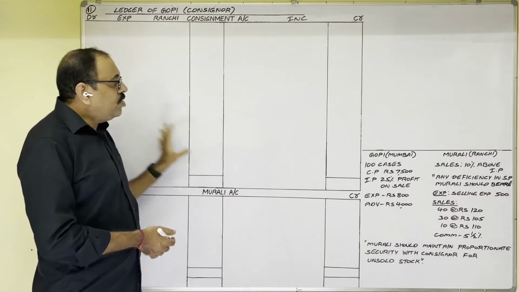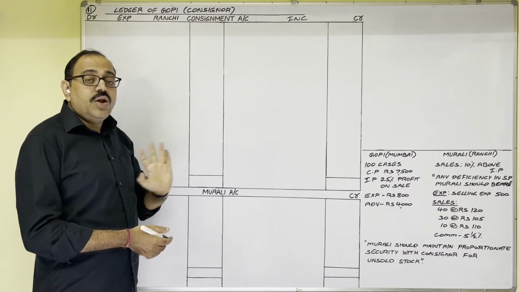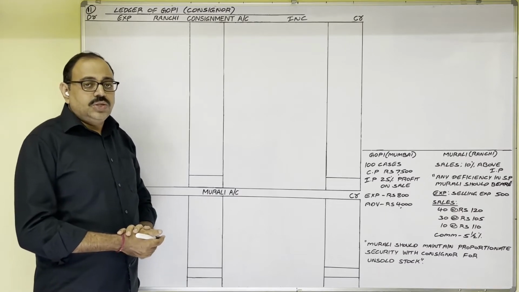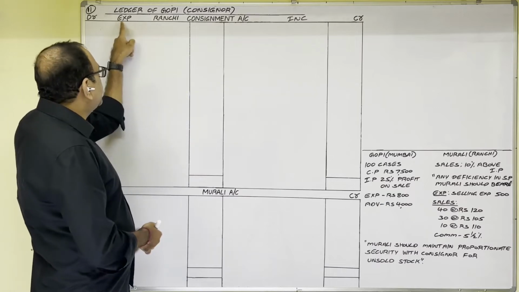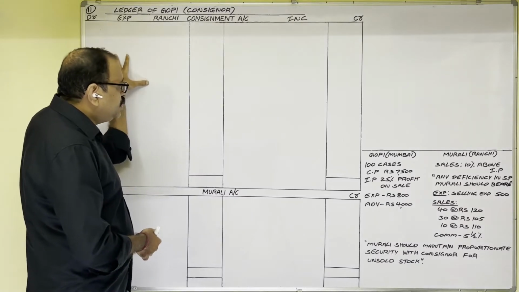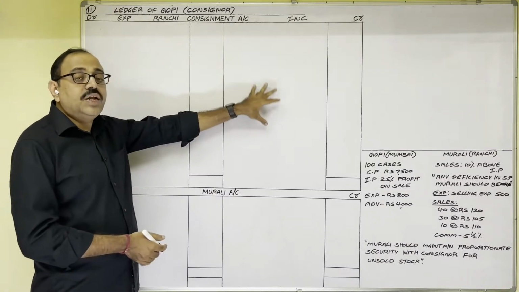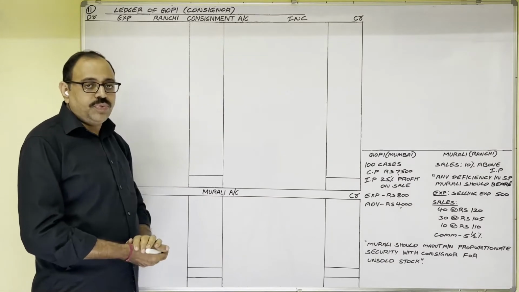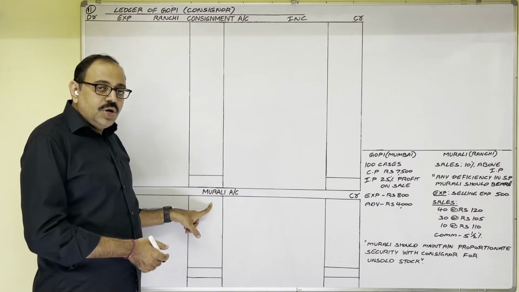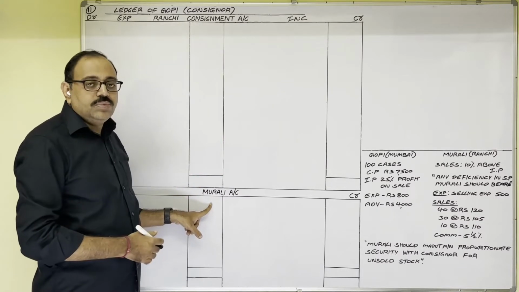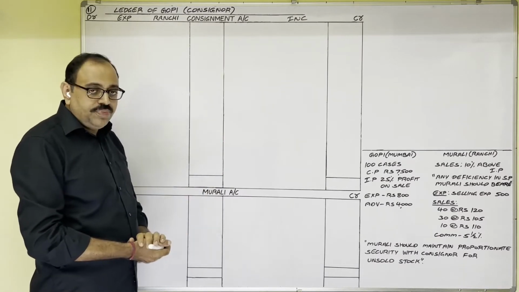Consignment account we prepare to know the profit or loss in consignment business. It is a nominal account, therefore on the debit side we show expenses and losses of consignment business, and on the credit side incomes and gains. Consignor prepares Murali account, the consignee's account, to know the amount due from Murali. Murali account is a personal account.